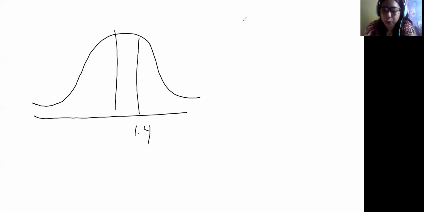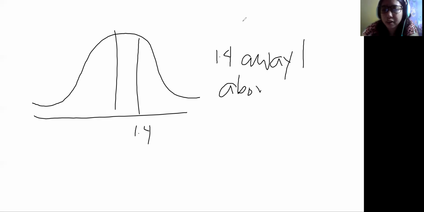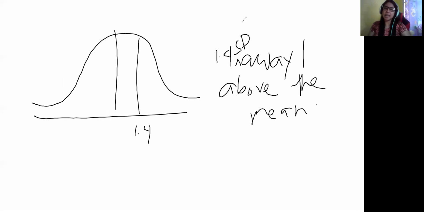As mentioned, it means that it is 1.4 standard deviations away or above the mean. So why did I say that the score 92 in mathematics is 1.4 standard deviations away from the mean?